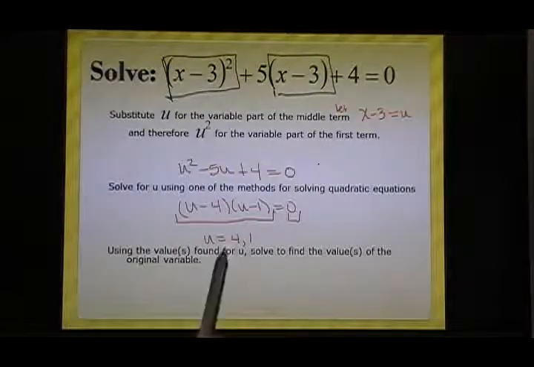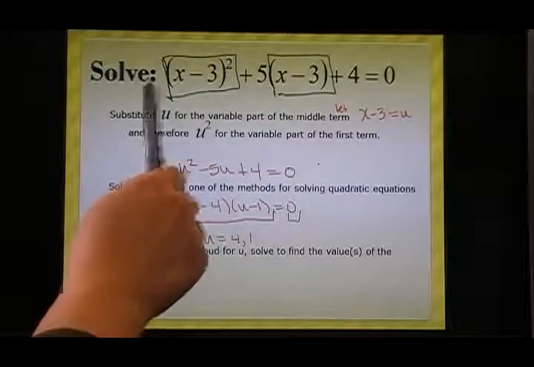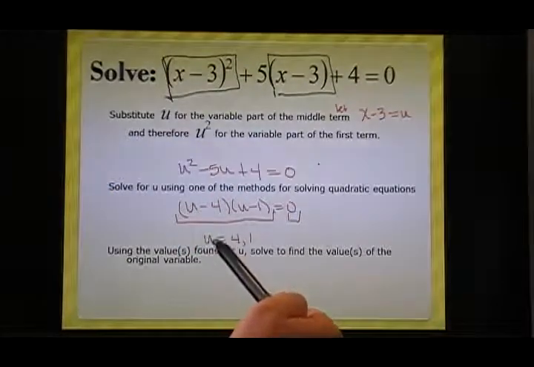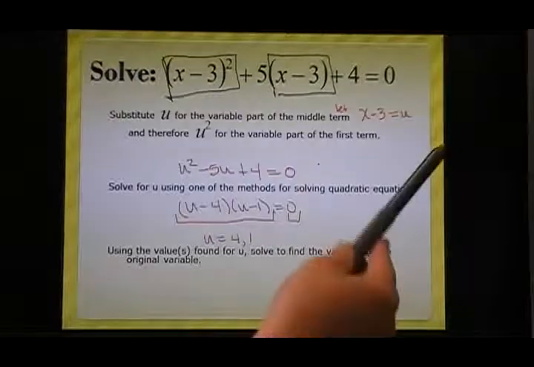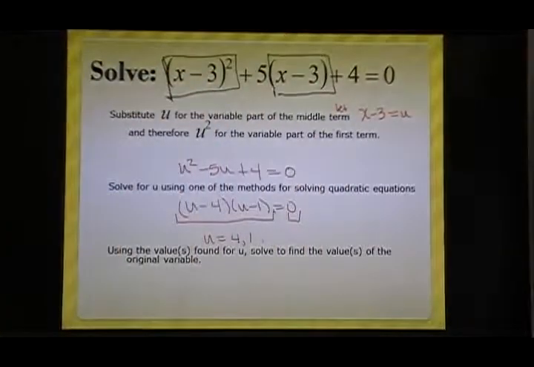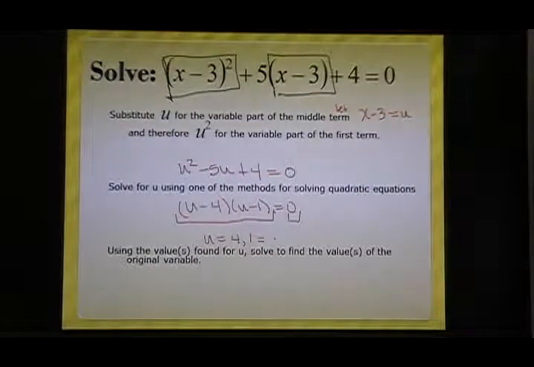But it's not u that we're trying to solve for, it is x. Saying that u is equal to 4 or 1, remember, you just replace with x minus 3. So this is the same thing as saying x minus 3 is equal to 4 or 1. So x minus 3 can either equal 4 or x minus 3 can equal 1.